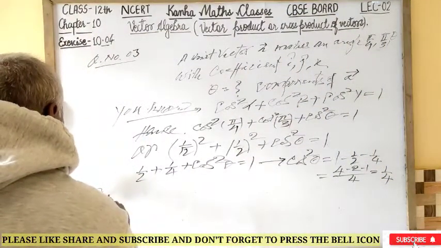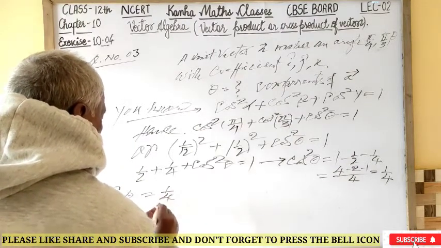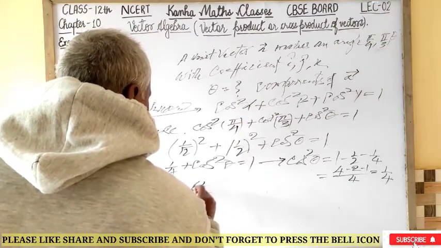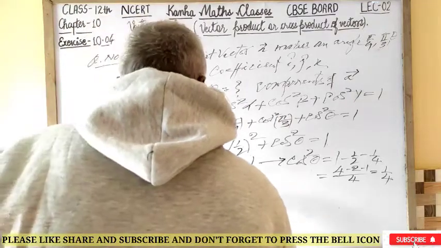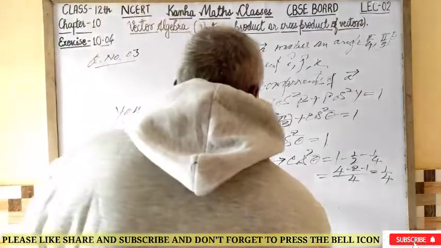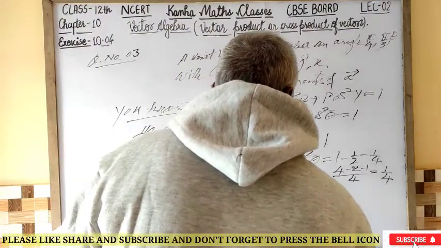Or cos square theta is equal to 1 by 4, is equal to 1 by 2 square. Hence cos theta is equal to 1 by 2.